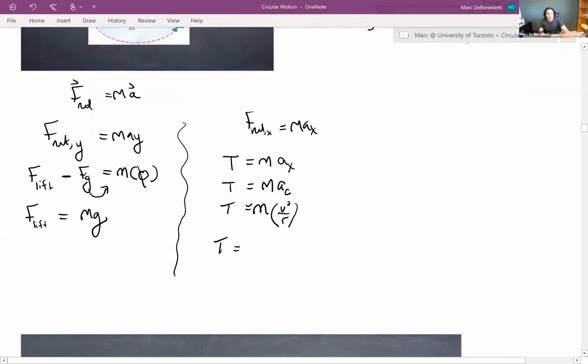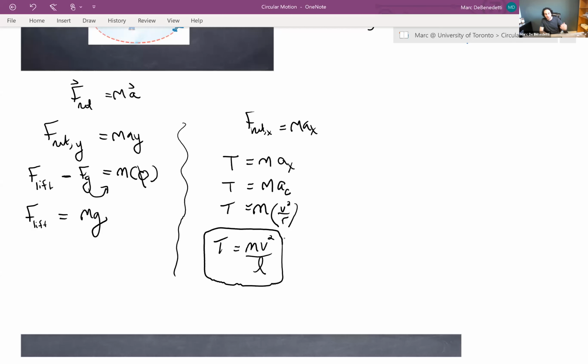Your final derived equation should be in terms of variables provided in the written question, so instead of leaving it as R, I'm going to replace R with L for length. So there you go. That's the tension in the string to get a mass m moving at speed v with a radius of L in uniform circular motion.